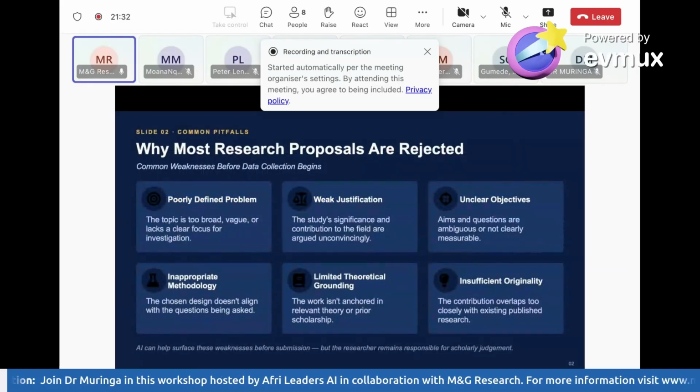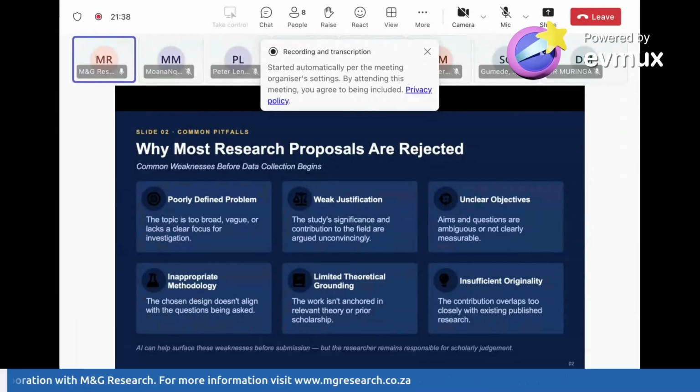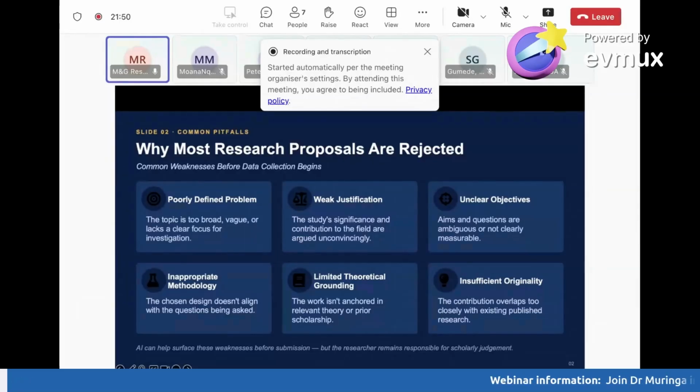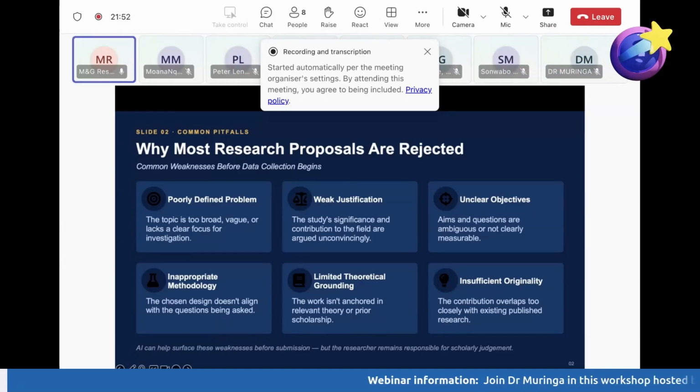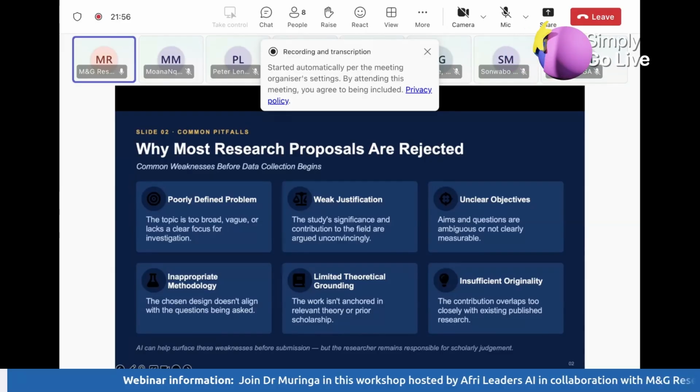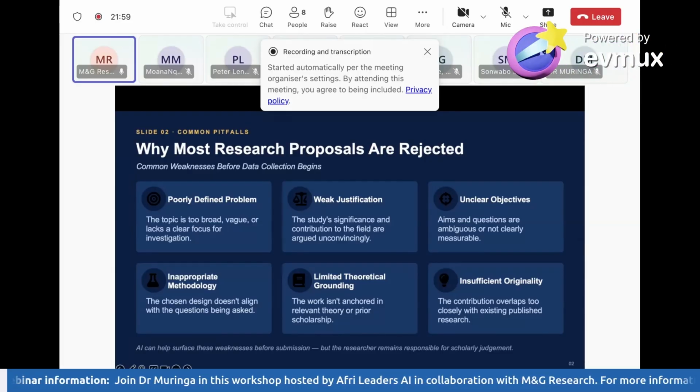So there are common pitfalls, right, of the reasons why most research proposals are rejected. For your master's, for your PhD, you name it, most proposals are rejected for various reasons, some of which I've tried to just thematize, right? We have poorly defined problems. The topic is too broad, vague, and in most instances, it lacks a clear focus for investigation.